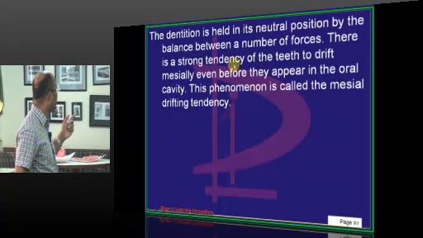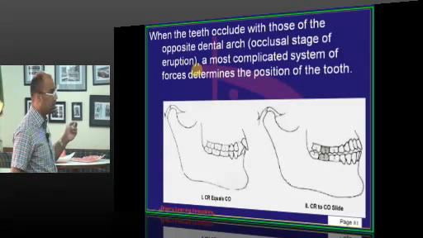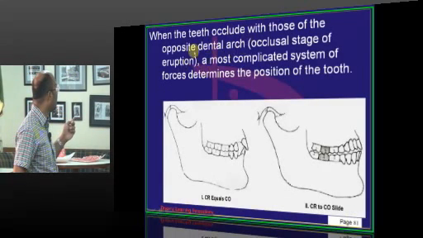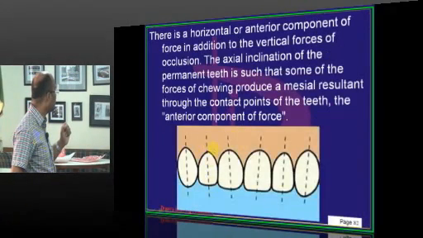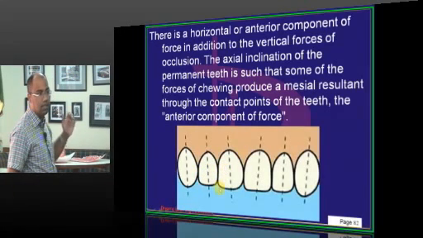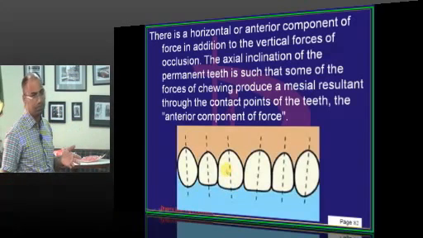So the teeth which are in occlusion have a tendency to drift mesially, and this is called the mesial drifting phenomenon, whereas when the teeth occlude with the opposite arch, they have, with their inclination, some amount of forces generated. These forces, generated based on the axial inclination of the tooth between the contacts of the teeth, are referred to as the anterior component of force.